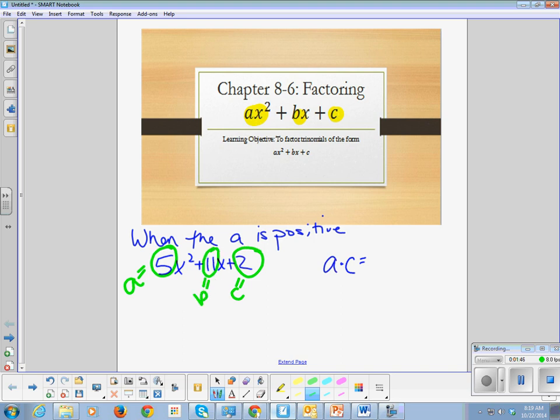We'll use that in a second. Okay, so A times C. A is 5. C is 2. And we know what 5 times 2 is. Yes, 10. So A times C is 10. And then I want to compare 10 and B.